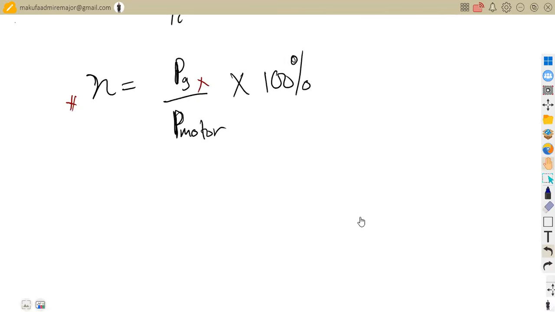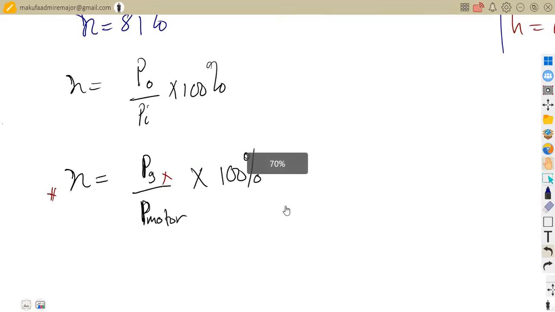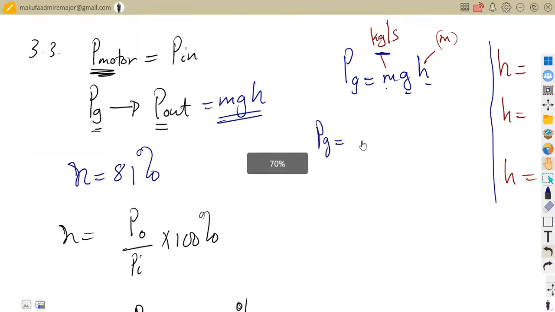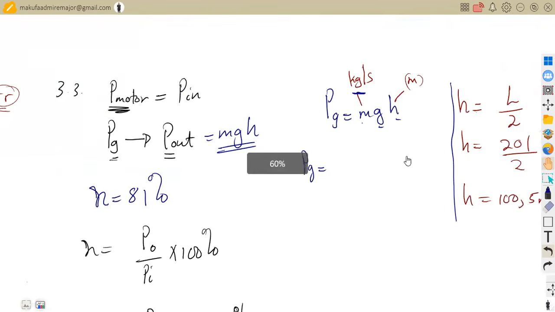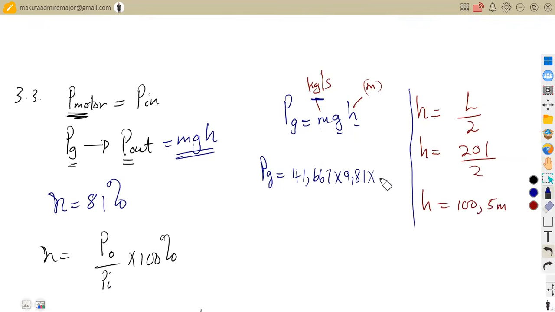All right, so we want this part here. We're going to use our mass as 41,667, which is in kg per second, times the gravitational acceleration of 9.81, times the height, in this case 0.5.